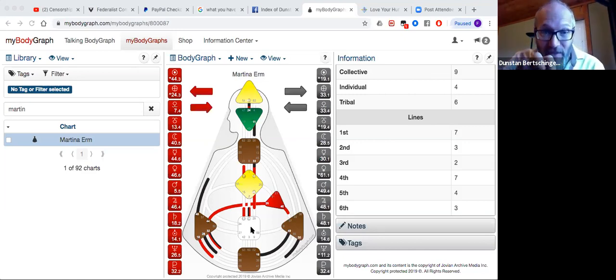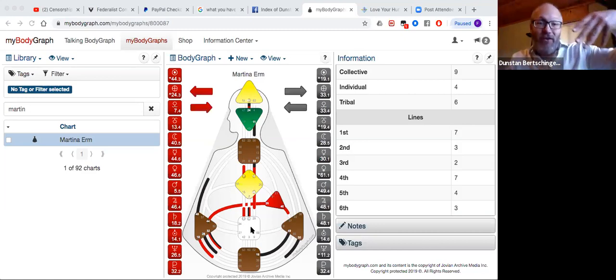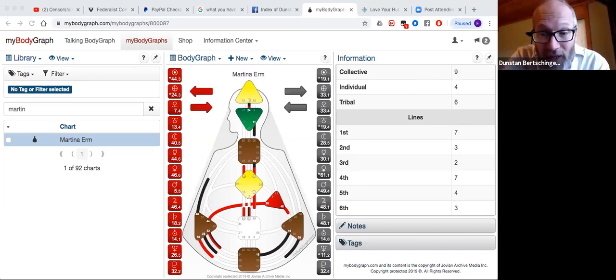You've got those 3 gates from the spleen that are looking to connect across to the root. So you've also got gates 54, 38, and 58. We're of course studying some of the gates, but these bridge gates are very worthwhile for you to study.